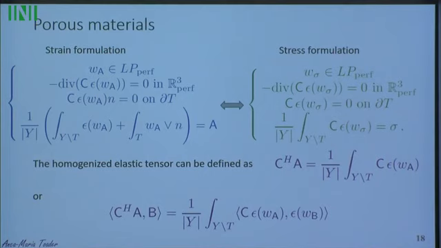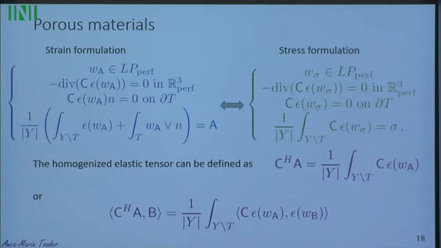And the formulas to obtain the homogenized elastic tensor are similar. The only difference is that now you are just integrating where you have material, so on Y except the hole.